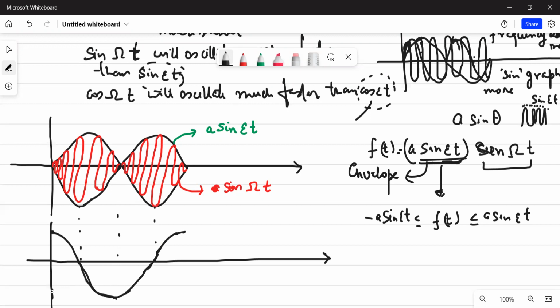And the same is the case for this. Okay, is that clear? Okay, till now.